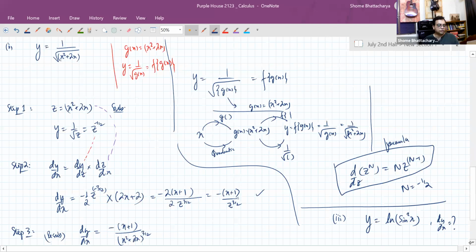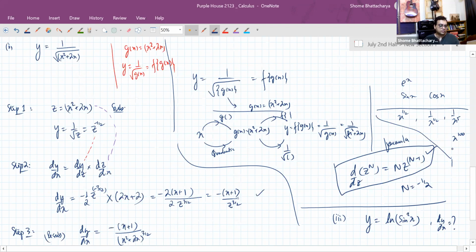But I think you need to revise the basics of differentiation once. You have to understand that this is an exponential function, and this is a trigonometric function. Whether it is x to the power half, or 1 upon x to the power half, or 1 upon x to the power 5, or x to the power 100, these are all examples of power functions. For a power function, which rule do we use?